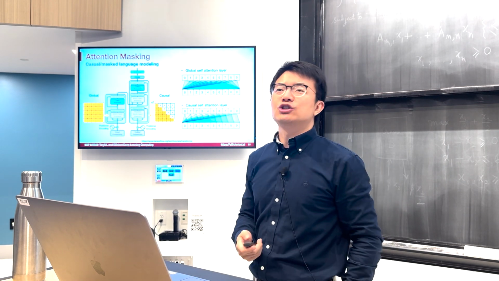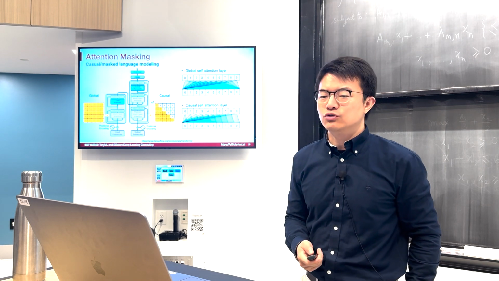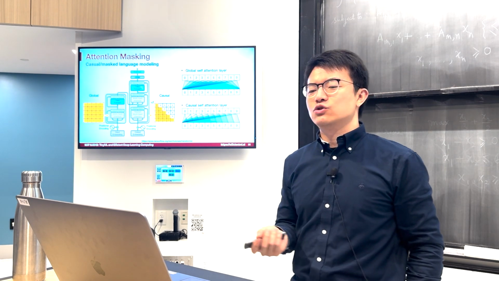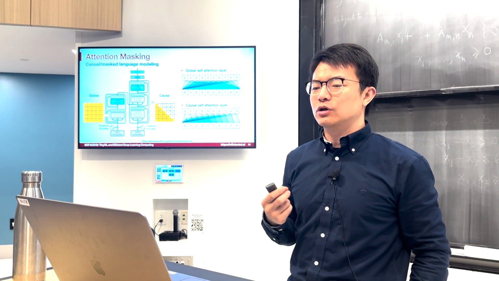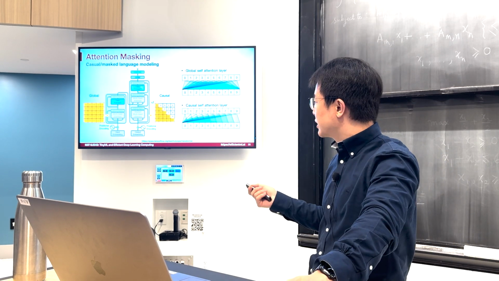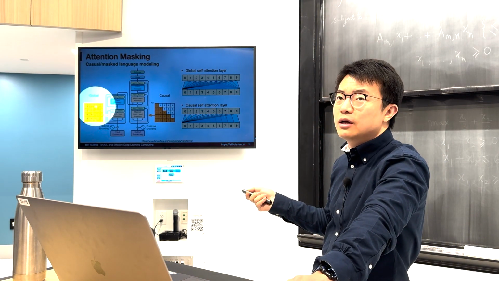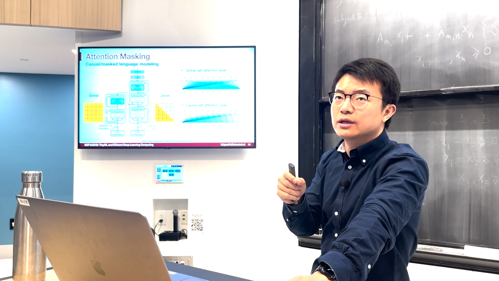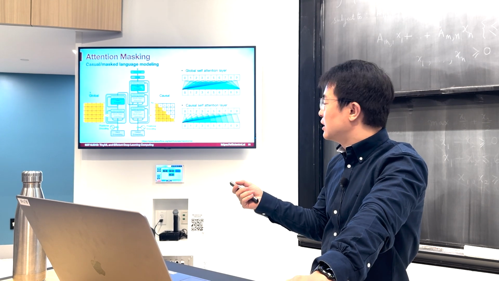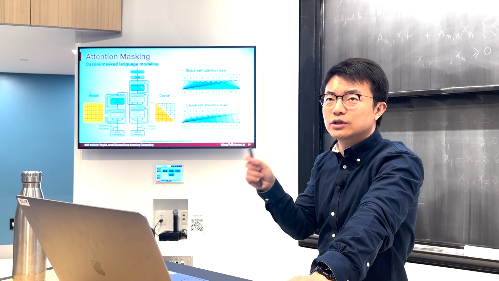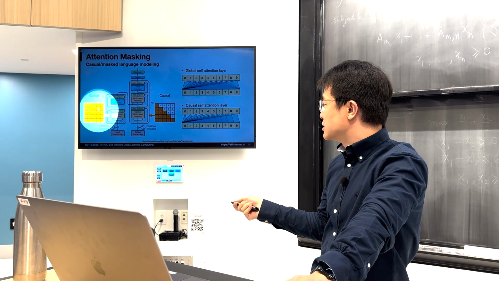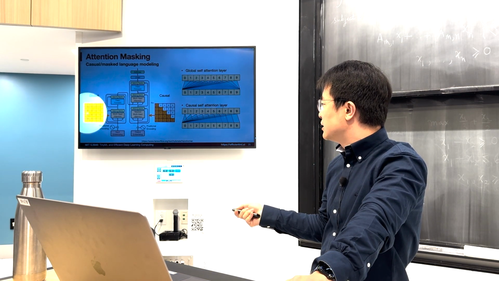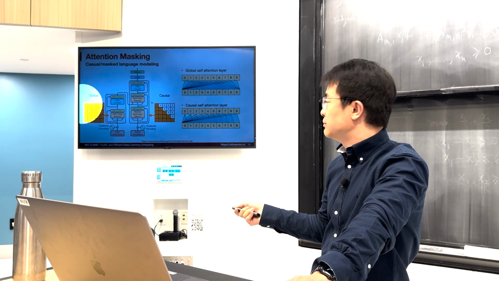And next, attention masking. There are 2 kinds of masks. One is causal, the other is global. This is a global attention map, meaning that every token can see every token. Even the future tokens. This is N by N, everything is 1, that's the mask.